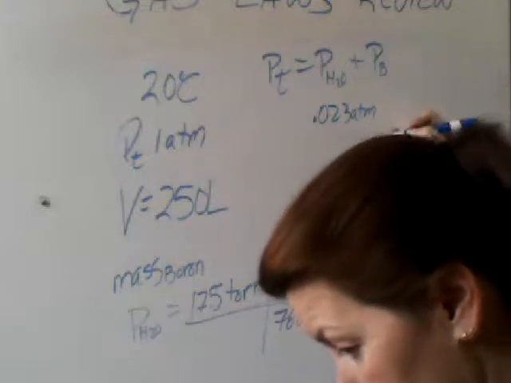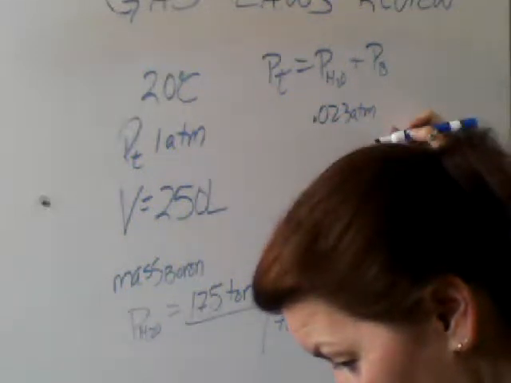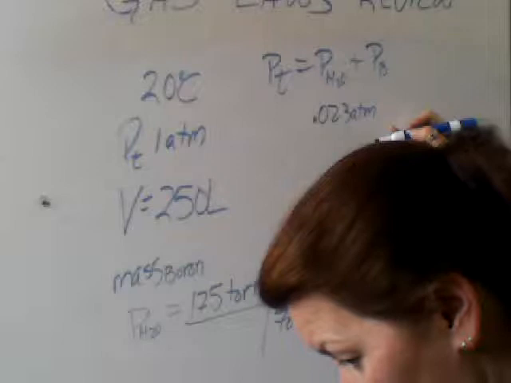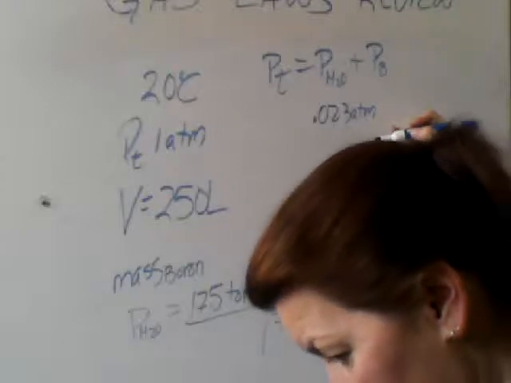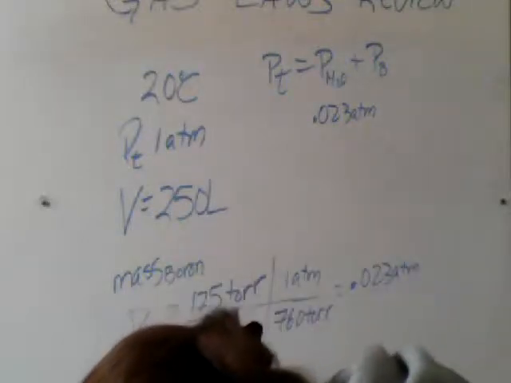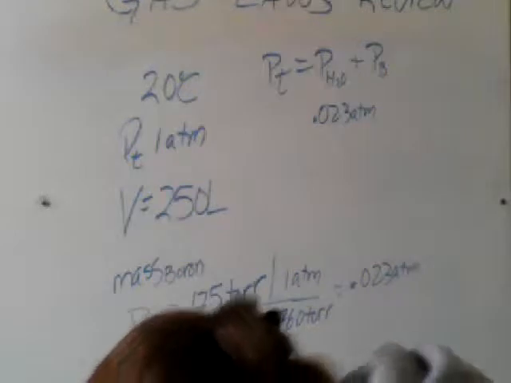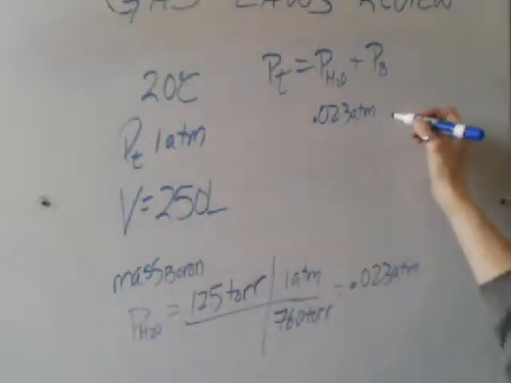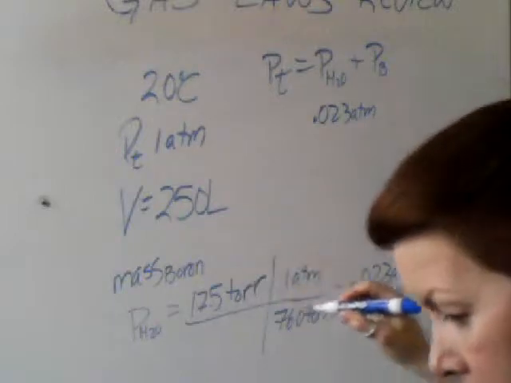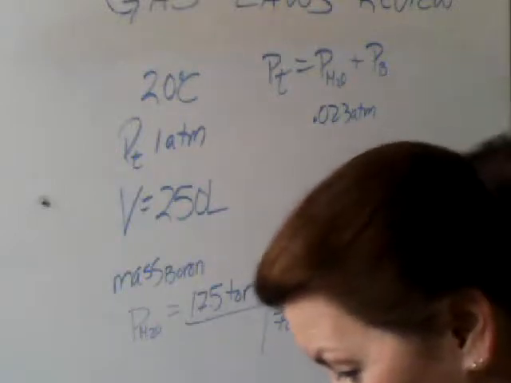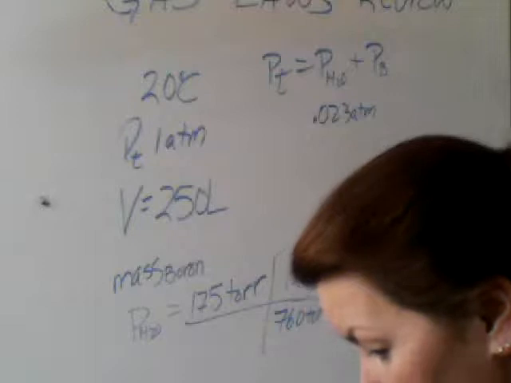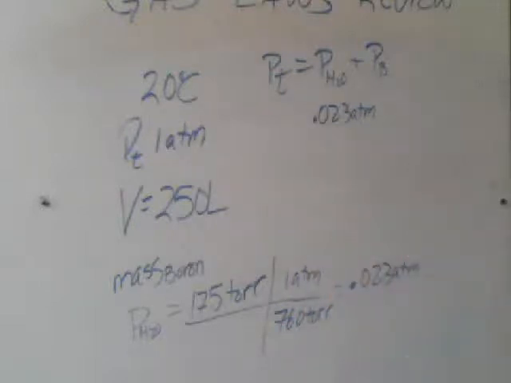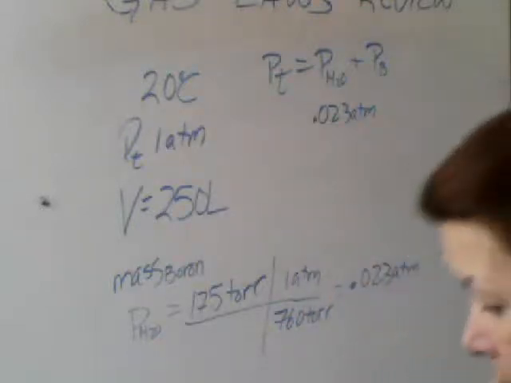And the pressure of boron is what we're trying to figure out. Okay, so we're not quite there yet. So we need to figure out how many moles of boron we have.